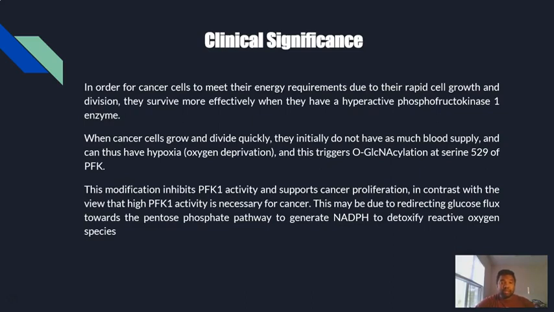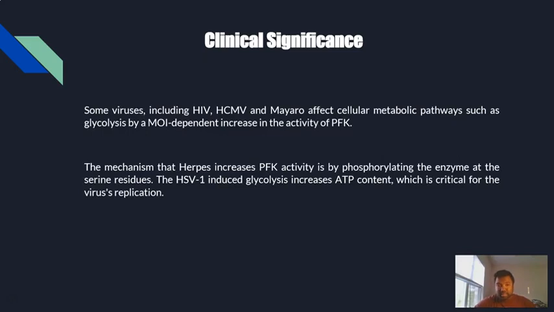This modification inhibits PFK1 activity and supports cancer proliferation, in contrast with the view that high PFK1 activity is necessary for cancer. This may be due to redirecting glucose flux towards the pentose phosphate pathway to generate NADPH to detoxify reactive oxygen species.